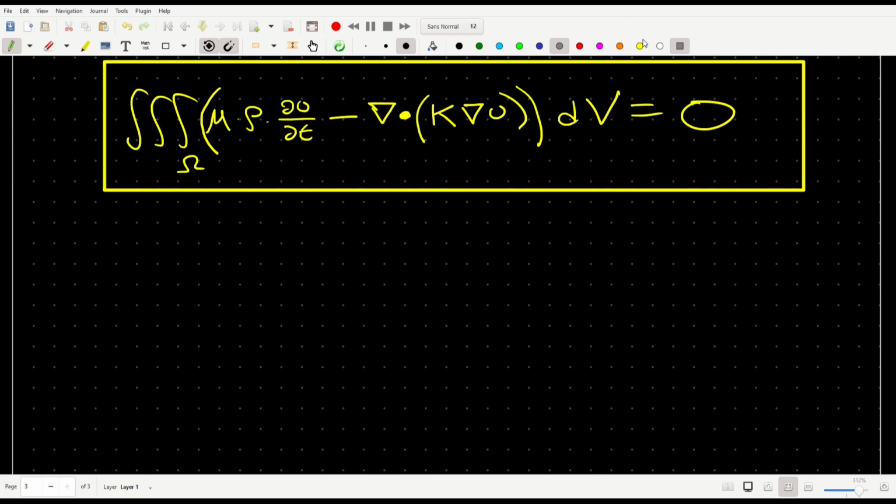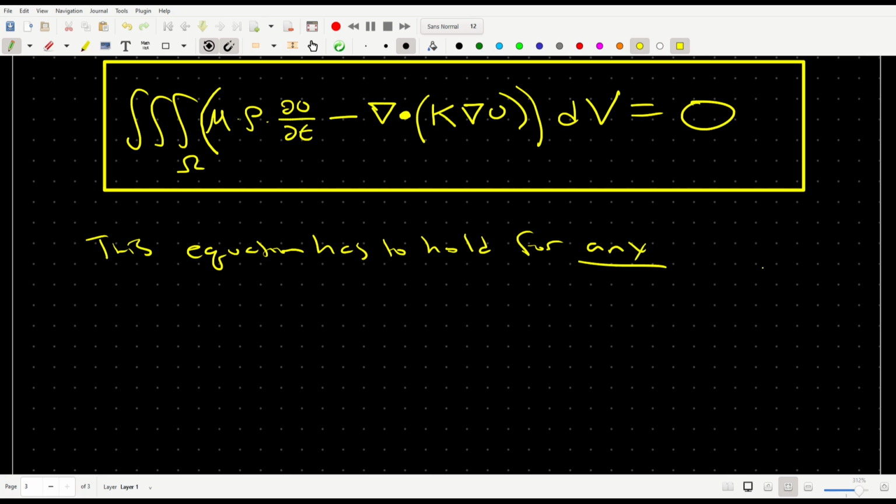This equation has to hold for any subregion, in general S star, omega star, that are inside, I'll say, nice enough subregion as well.